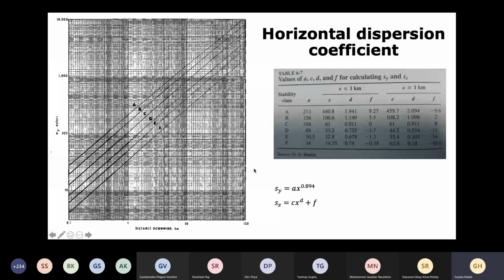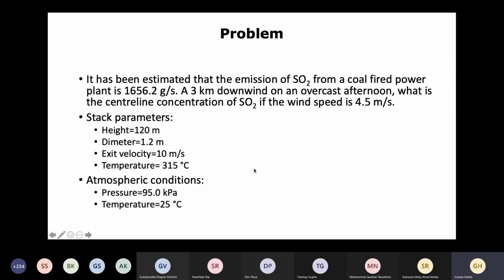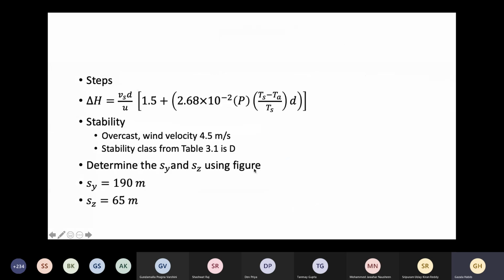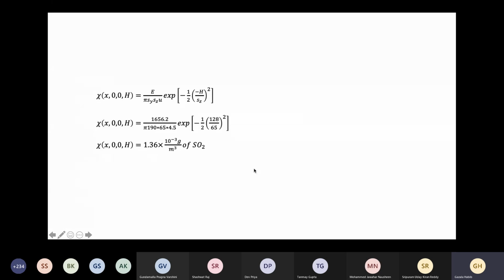As said, A is common, so A is always 68. We can calculate sigma Y and sigma Z, or note down the information from the graph. Then you have the formula for y equal to 0 and z equal to 0. Put everything in the formula and you will find out the concentration of SO2.